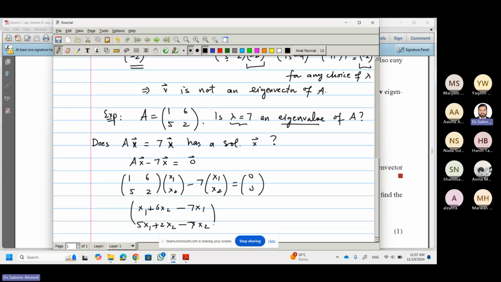So this is your vector equal to 0 0. So your system becomes minus 6x1 plus 6x2 equal to 0, the first one, and the second one is 2 minus 7 is minus 5x2. This is your system, right?